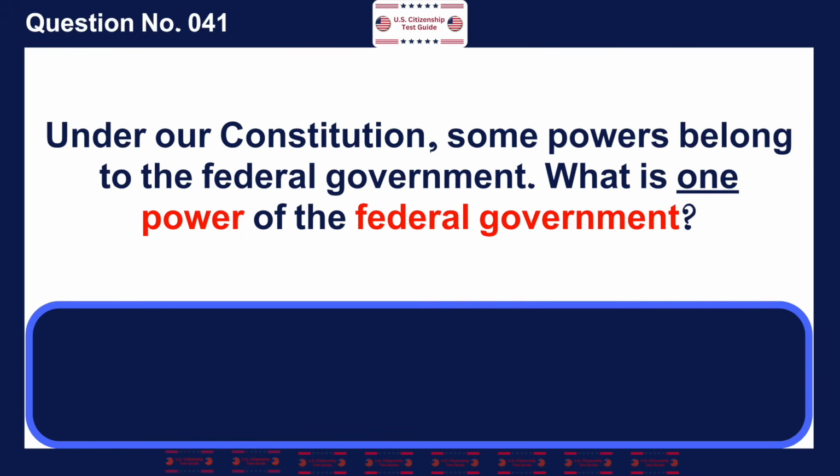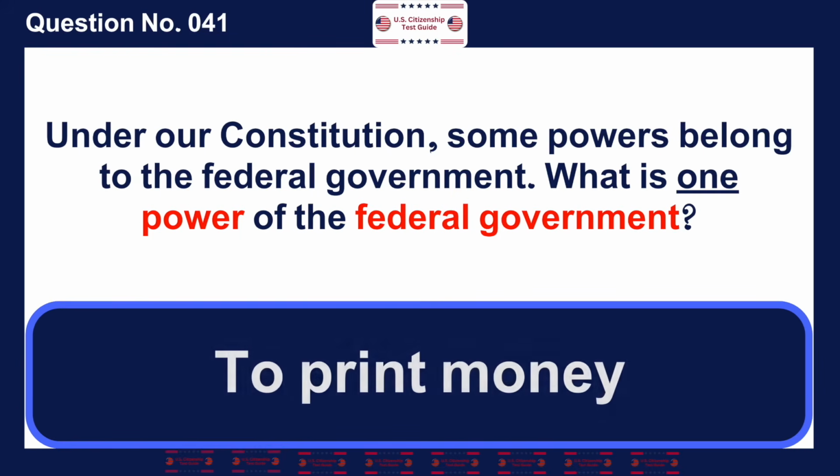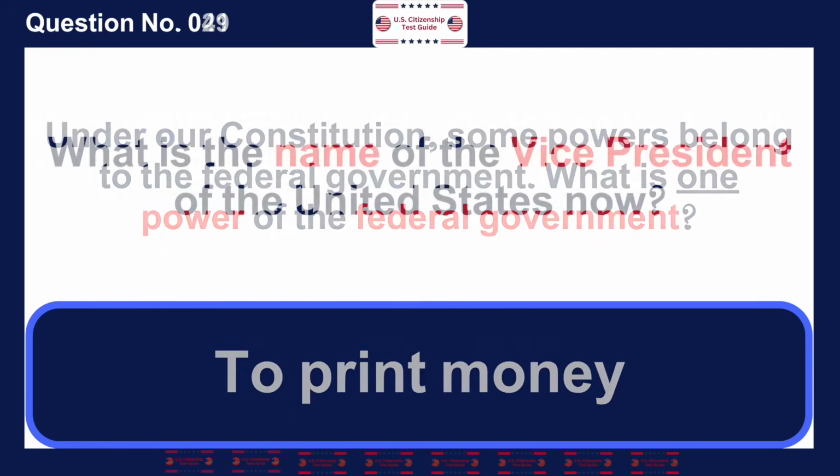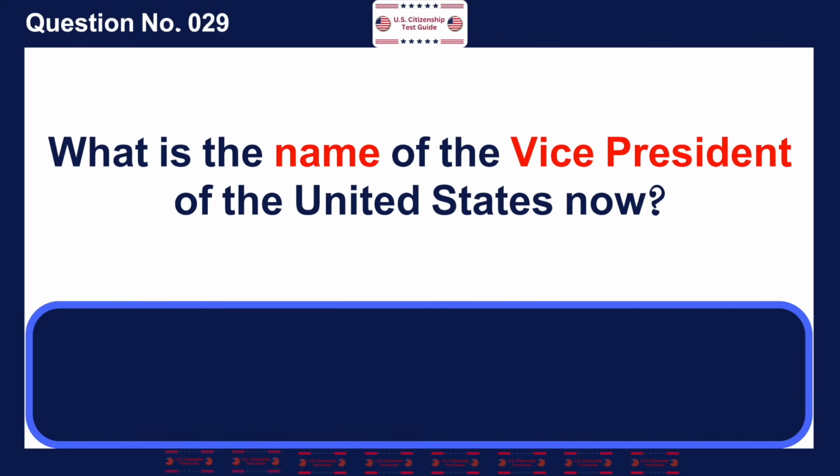Under our Constitution, some powers belong to the federal government. What is one power of the federal government? To print money. What is the name of the Vice President of the United States now? J.D. Vance.